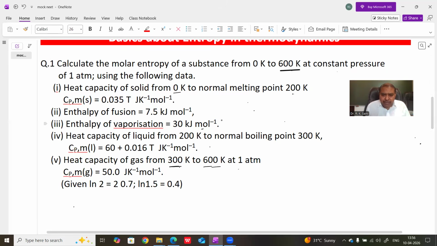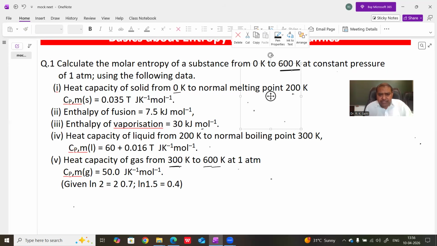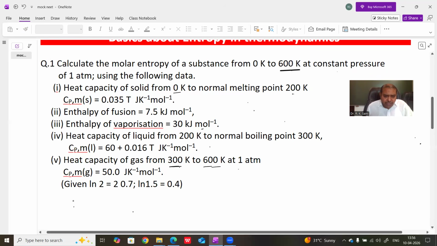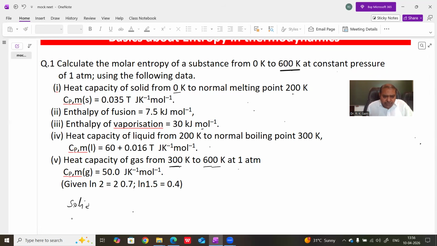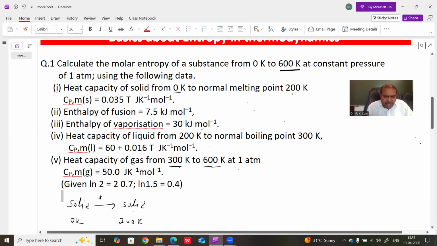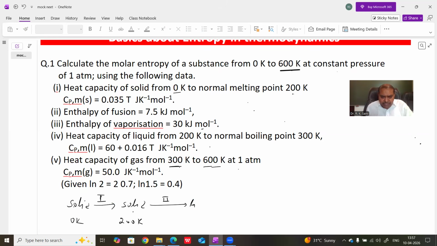Now we find the following steps are involved in this process. In step first, solid at 0 Kelvin changes into solid at 200 Kelvin, because 200 Kelvin is the melting point; it is the heating of the substance. In step second, solid at this temperature exists in dynamic equilibrium with its liquid; this is the fusion entropy.